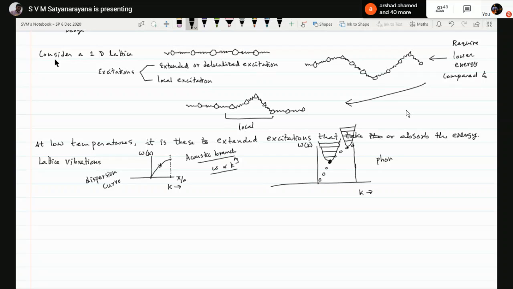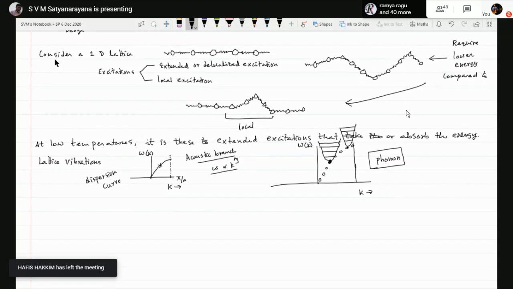Phonon is essentially called a quantized lattice vibration or quantized sound wave. So you can see that each of these frequencies can now be treated as a quantum harmonic oscillator, and that has a discrete energy spectrum.